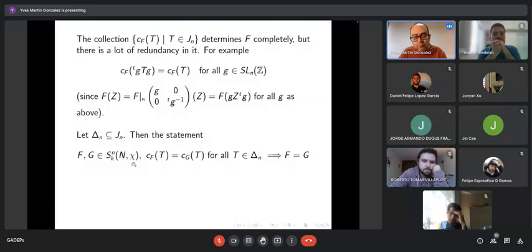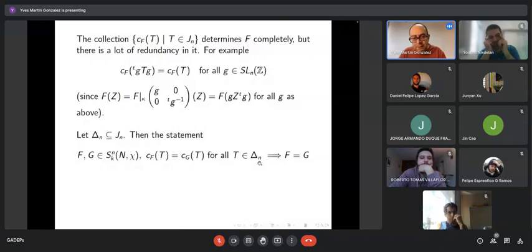So in some way, I'm looking for a subset of the index set which is good enough so you can identify the Siegel modular form just by looking at the coefficients indexed by the elements in this subset. Well, this statement that says that this Delta_n is a good subset is equivalent to this other statement.